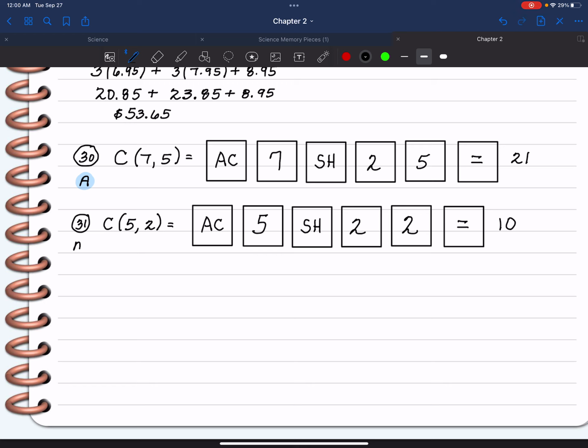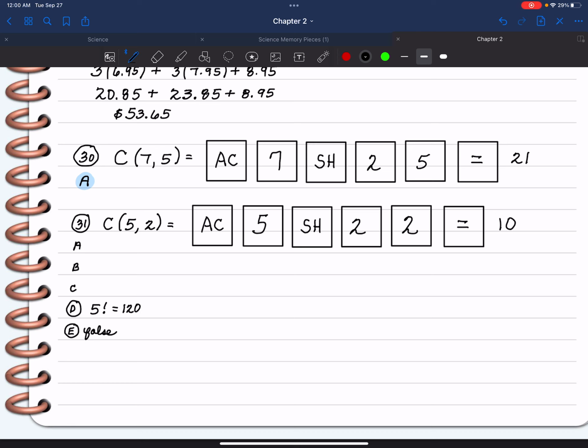So let's do them one at a time. So there's A, B, C, D, and E. She is not right, so this is a false statement. D, she should have found 5 factorial. Well, 5 factorial is 120.